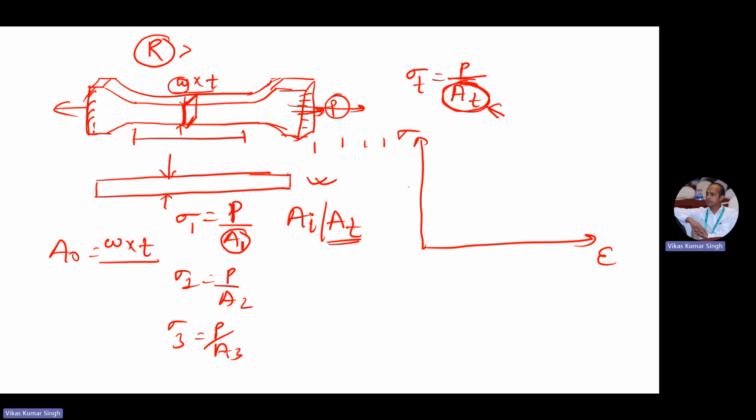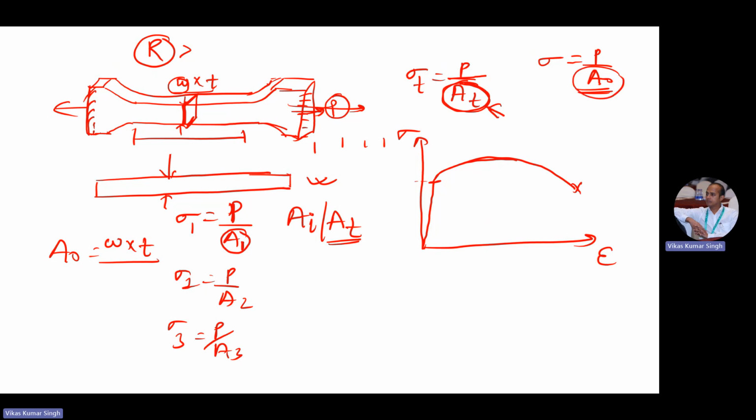Okay. So here this is a constant line, and this is going to be like this. Up to here it is increasing, because up to here whatever is happening, that is elastic. And in this region, we are taking sigma equal to P by the initial stress only, so whatever value the initial stress had, that is fixed.